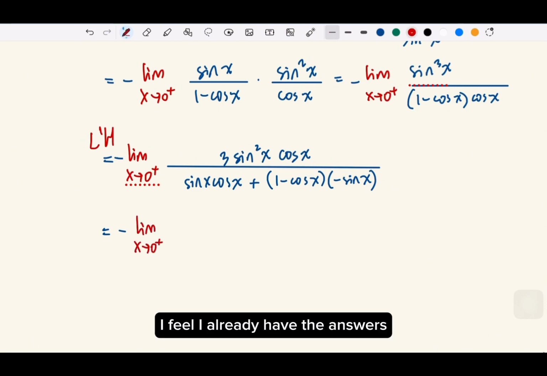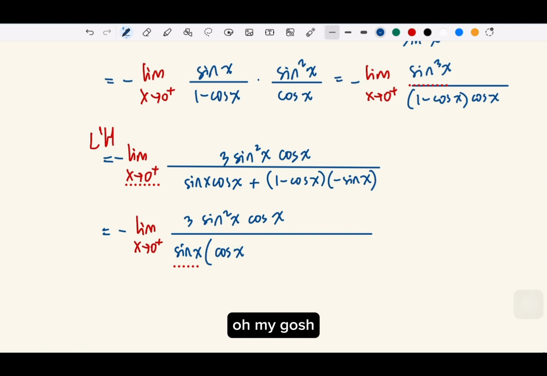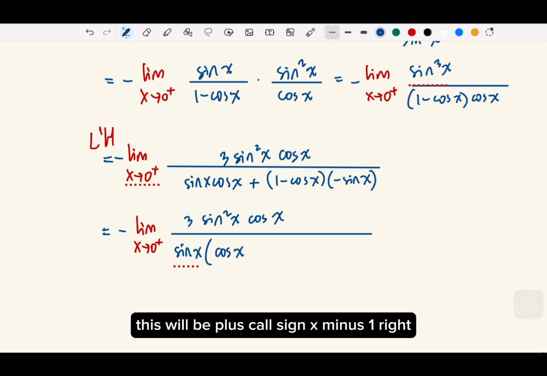Actually, I already have the answers to cancel, but I will write one by one. So 3 sine squared x cosine x, this will be plus cosine x minus 1, right?